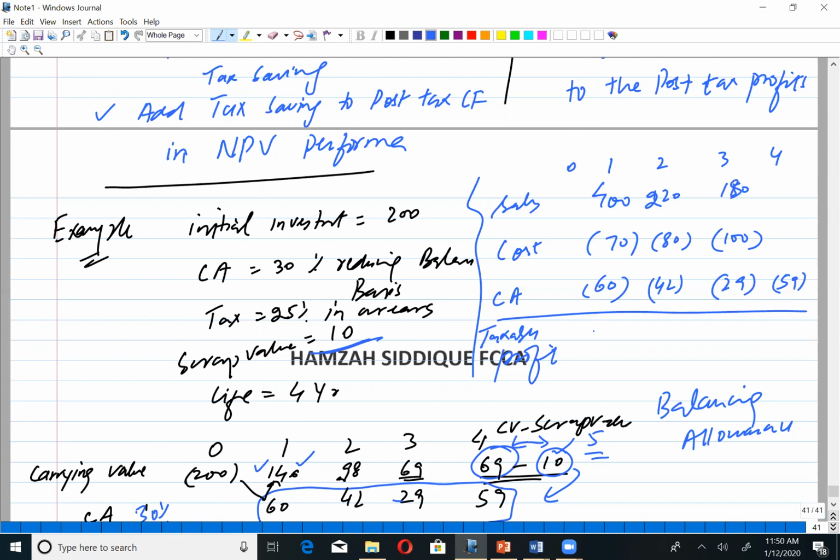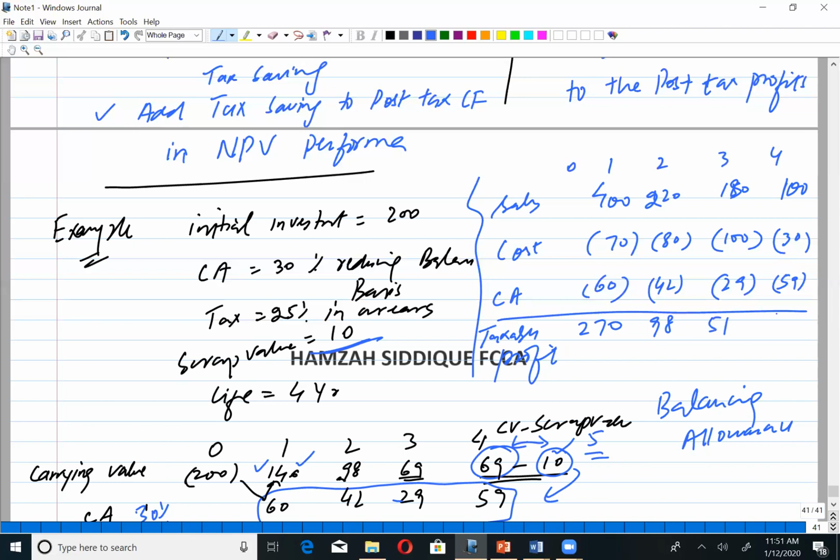So for example, it is net 270 and next is 220 minus 80 minus 42, 98. 180, and put it here, for example, 100 and here 30. 180 minus 100 minus 29, 51.